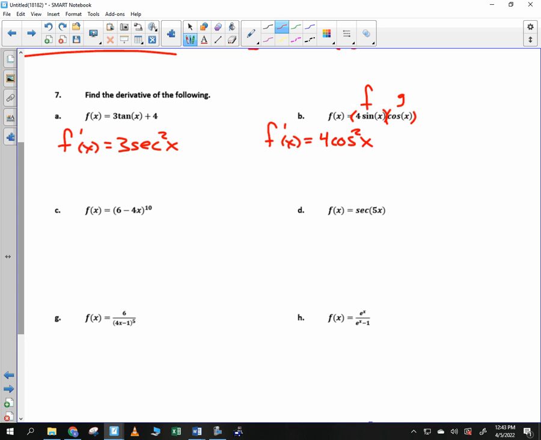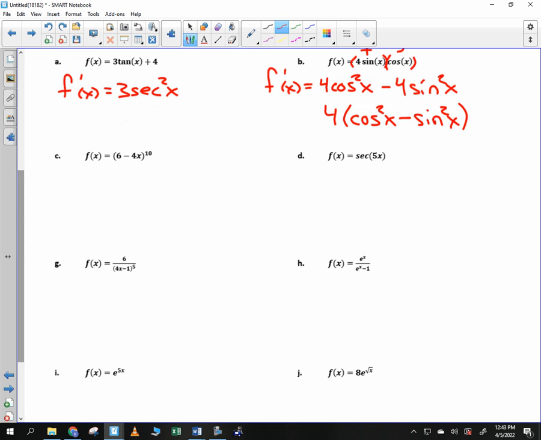And now the derivative of cosine is negative sine, so negative 4 sine squared of x. Don't be surprised if they factor out the 4 and write cosine squared of x minus sine squared of x. It is true that cosine squared minus sine squared is actually cosine of a double angle, but you won't see that expressed.